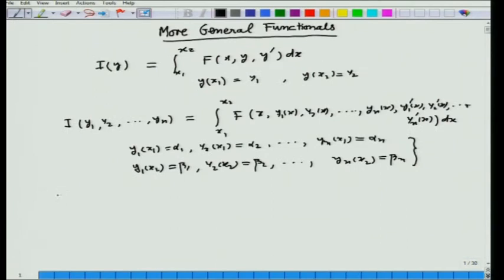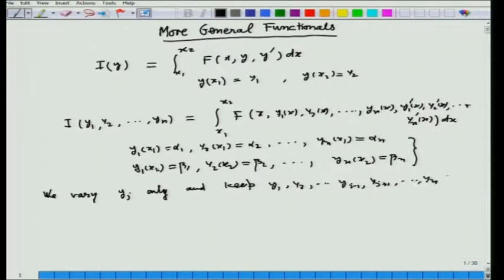What we do here, we vary yj only and keep y1, y2, and so on, y(j-1), y(j+1), yn fixed.